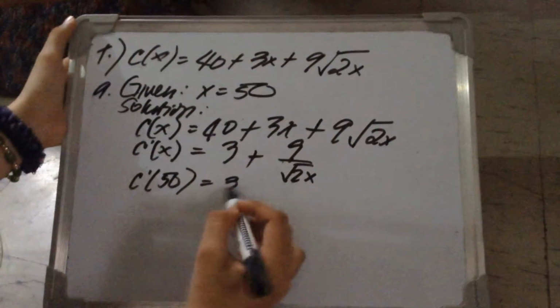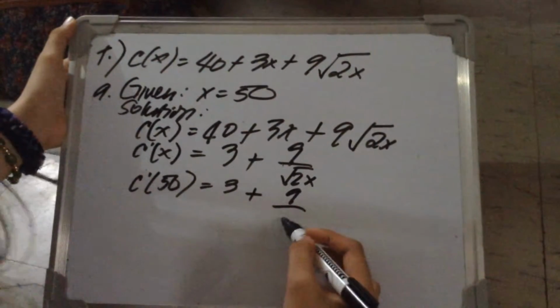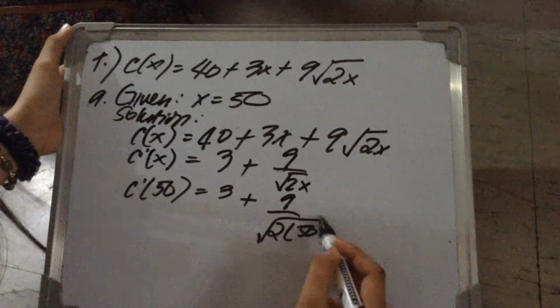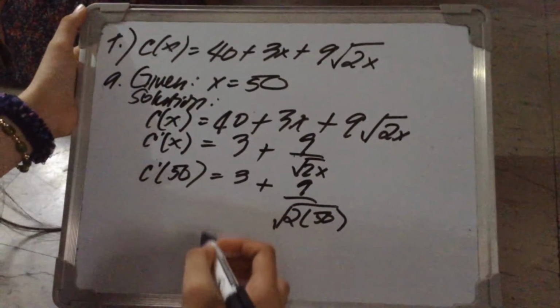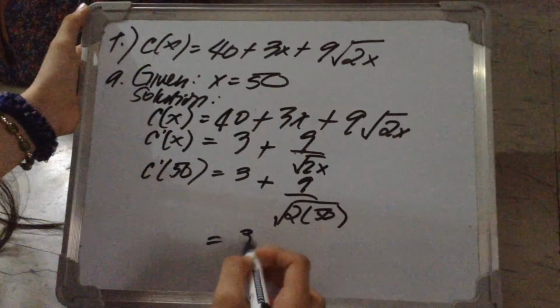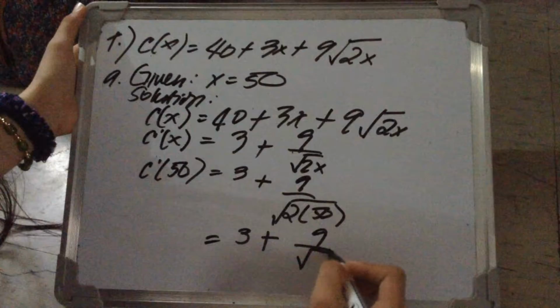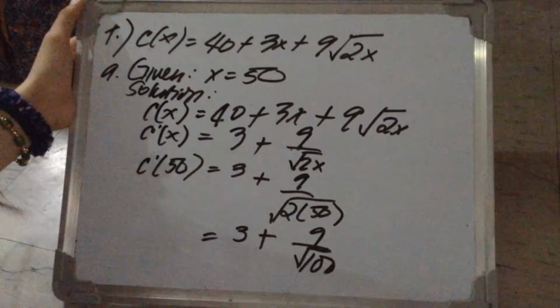As we substitute it, it will be 3 plus 9 over the square root of 2 times 50. We solve 50 times 2 first, that will be 100, so it is equal to 3 plus 9 over the square root of 100.